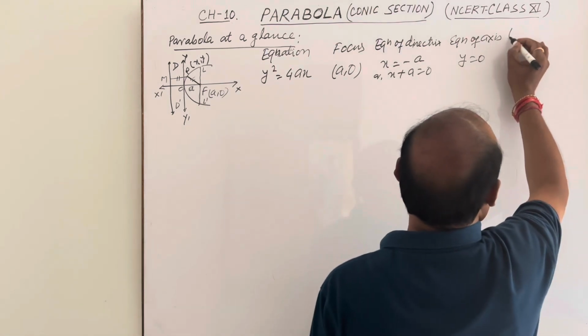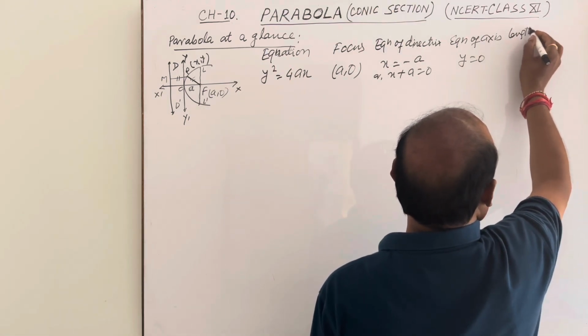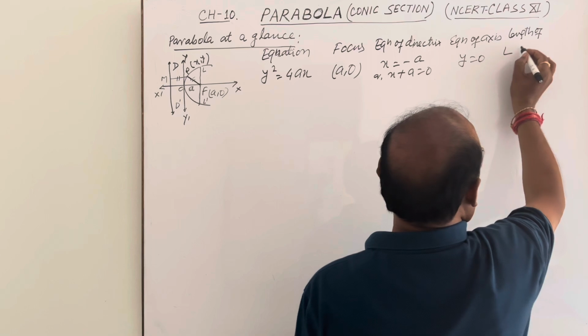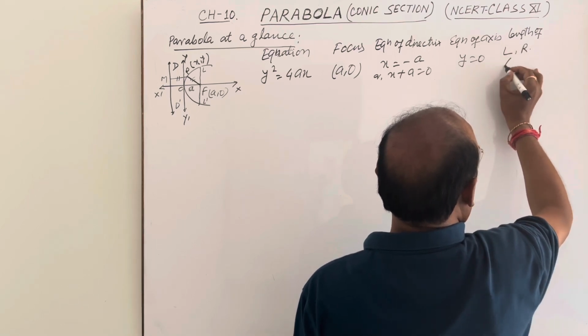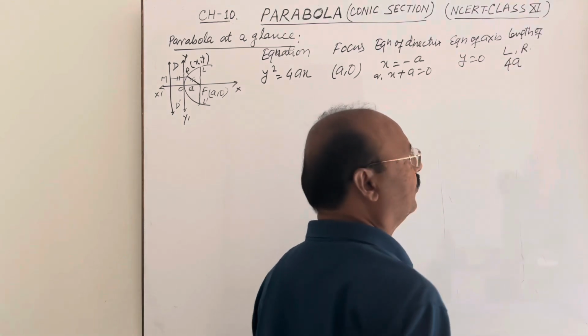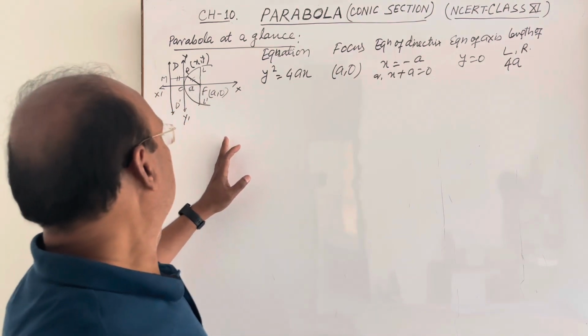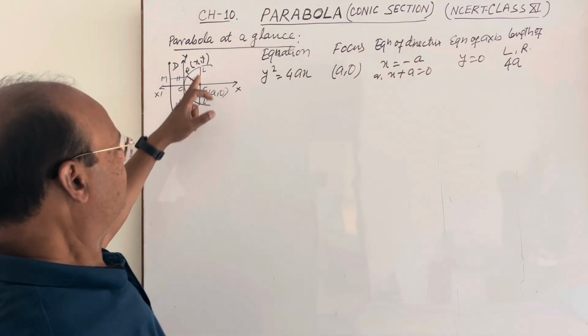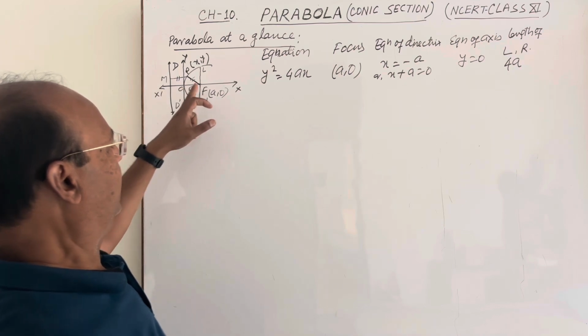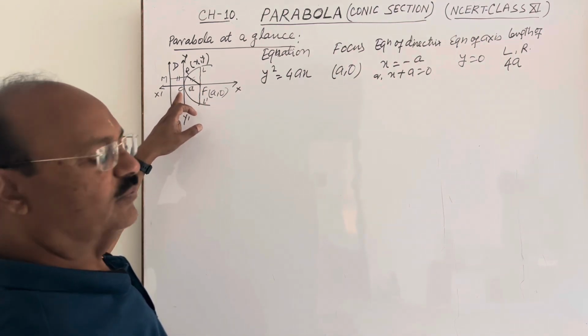Length of latus rectum is 4a. And what will be the equation of the latus rectum here? The latus rectum is at a distance of A from the origin.